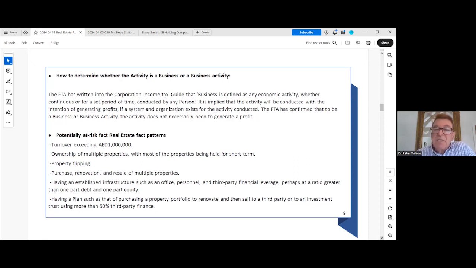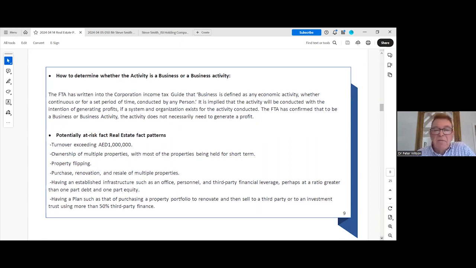It says a business is defined as any economic activity, whether continuous or for a set period of time, conducted by any person. So it's got to be an economic activity, and it has to be continuous or for a set period of time. So continuous means ongoing.